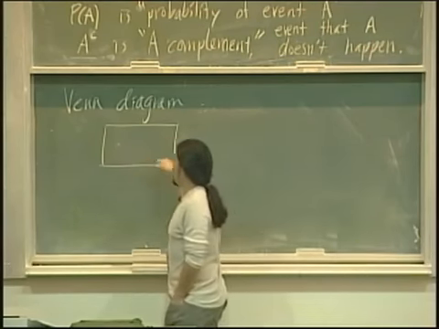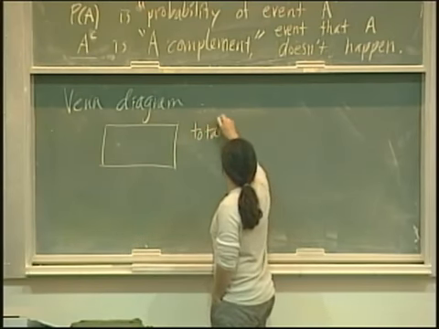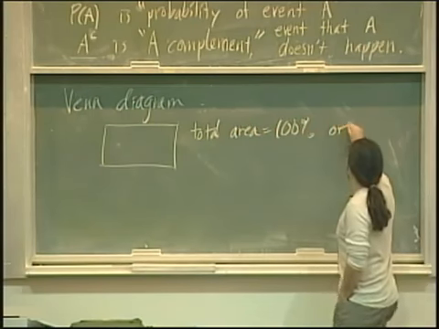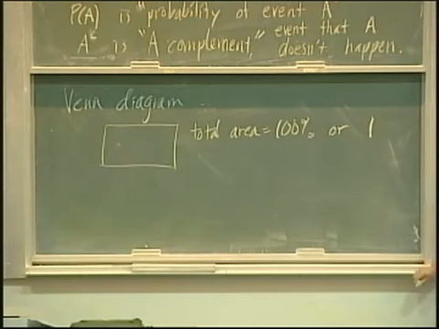Thinking about fractions, then, like I say, the total area is 1. So total area is 100% or 1. And like I said, that's sort of the way you think about a histogram, as having total area 100%.